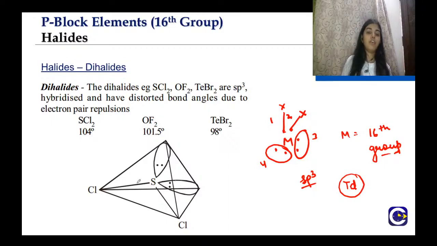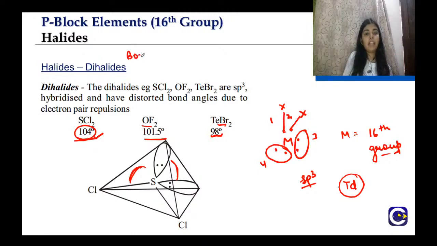Okay. So here the ideal angle is not obtained as that of tetrahedral. Why? Due to lone pair repulsion and lone pair bond pair repulsions. So you can see the variation. SCl2 has 104 degrees, OF2 has 101.5 degrees, and TeBr2 has 98 degrees, right?